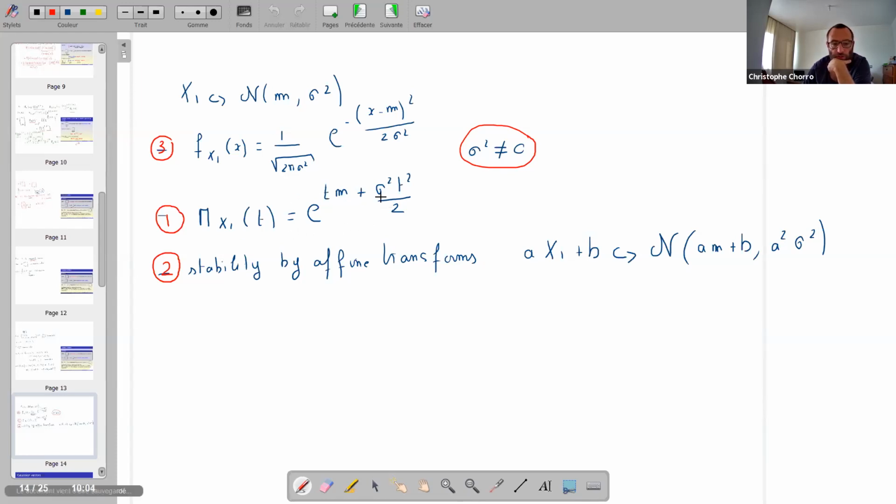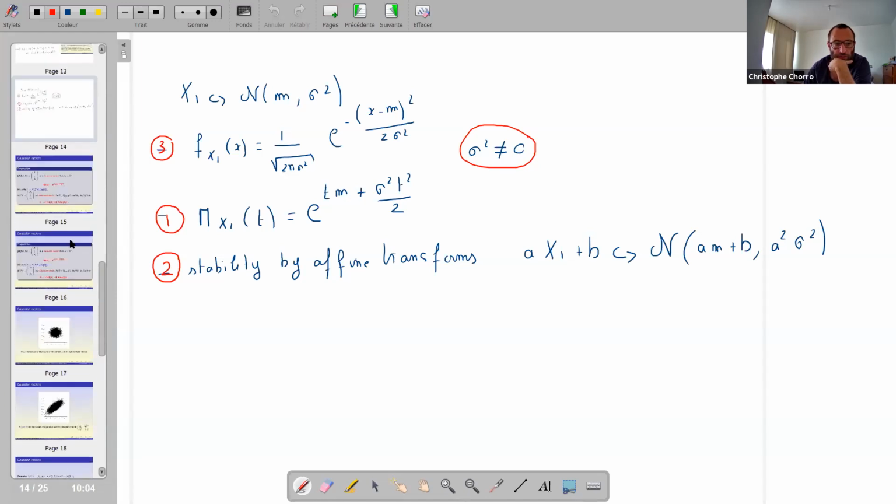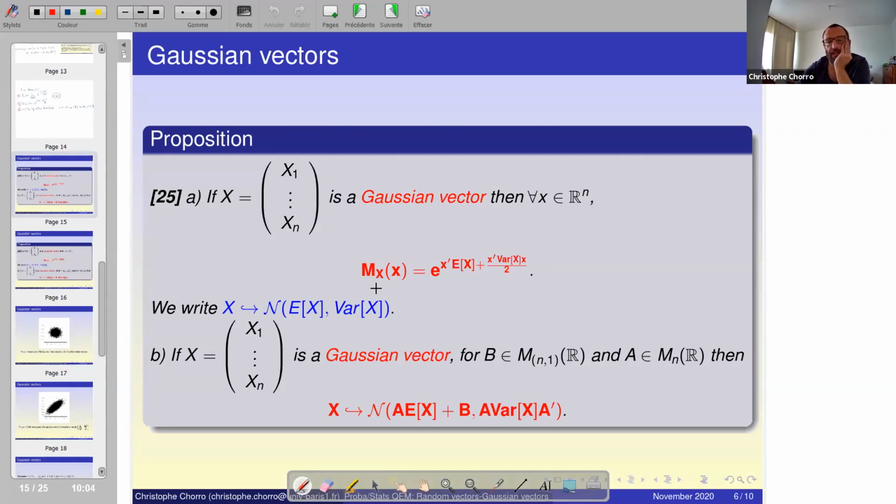So that is what we are going to do now. First, we are interested in the moment generating function of a Gaussian vector. It is this proposition here, in which I will do two things at the same time. First, I have the moment generating function of a Gaussian vector given by this expression here. I will introduce a notation because I will see that the moment generating function of a Gaussian vector only depends on the vector of expectations and the variance covariance matrix of this vector.